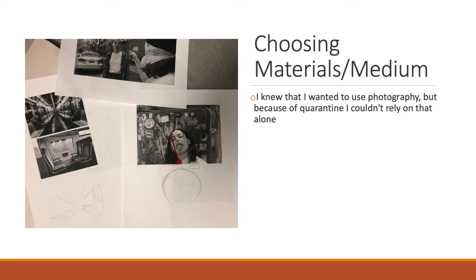I grabbed some photos from online to use as reference. I tried some paint over the photographs, and something that is not pictured is I cut them out, I used color-aid paper, I did a few different things, but because of quarantine I knew that I wouldn't be able to do a full photo shoot with all of the resources that I had.